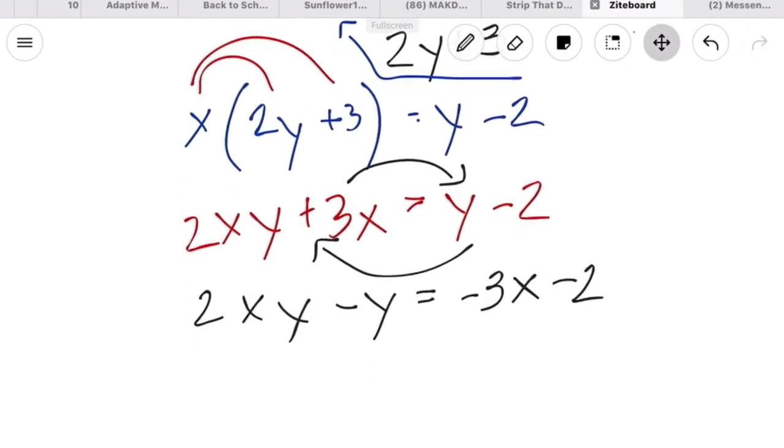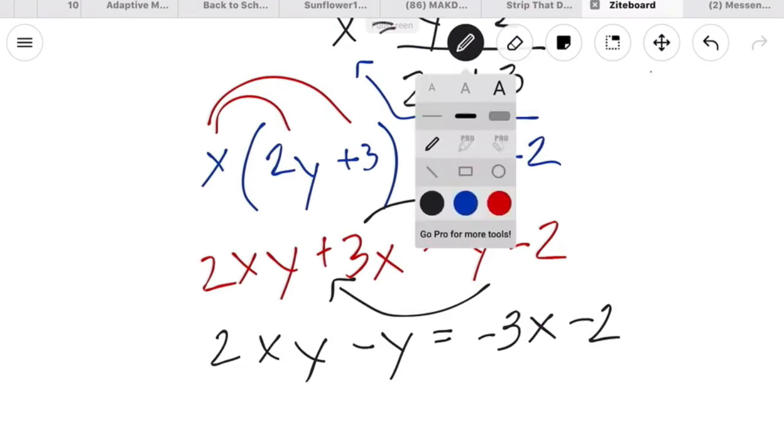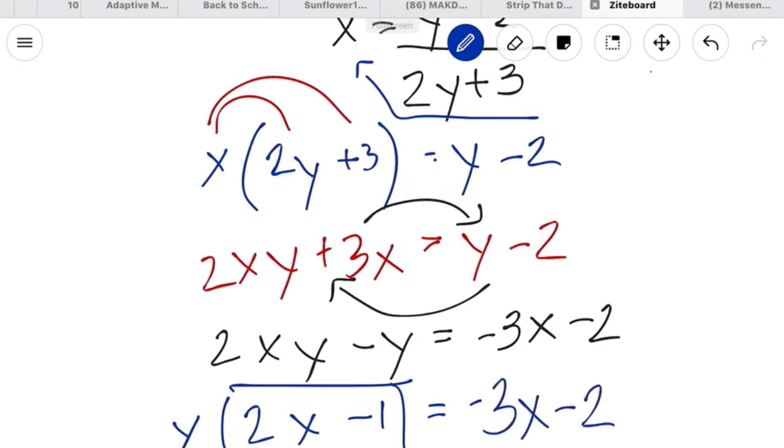And then we need to factor out y, and this will be y times 2x minus 1, and then this one stays the same, equals negative 3x minus 2.